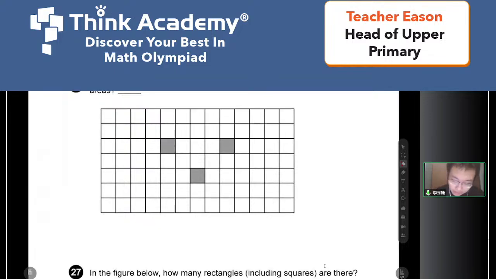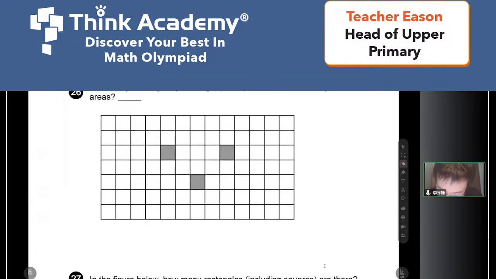How do you do this? I changed it to red. So the total amount of rectangles in the whole figure. A rectangle is always formed by 2 lengths and 2 widths. So first, we choose from the 1, 2, 3, 4, 5, 6, 7, 8 horizontal lines, choose 2 from the 8 horizontal lines to be the length.